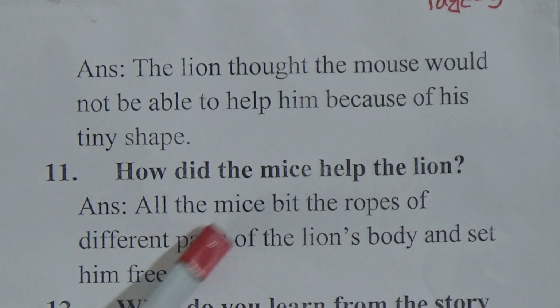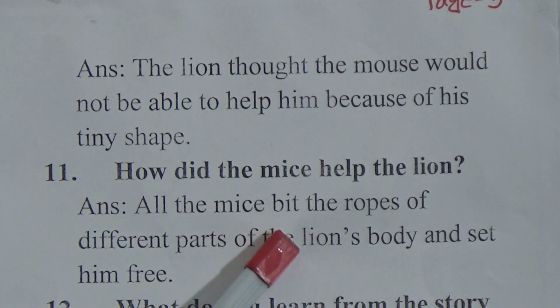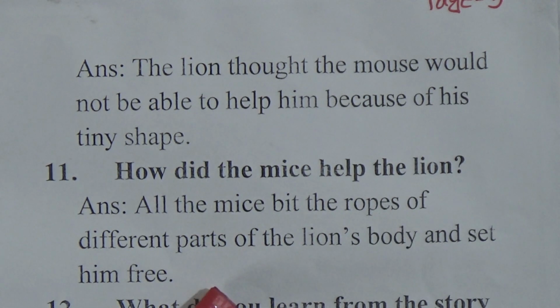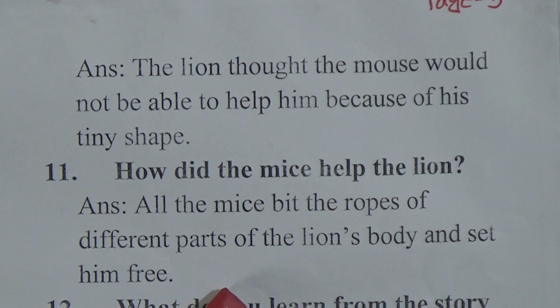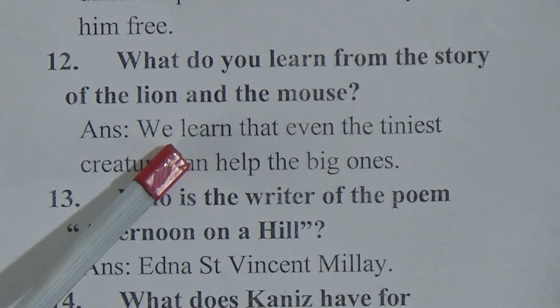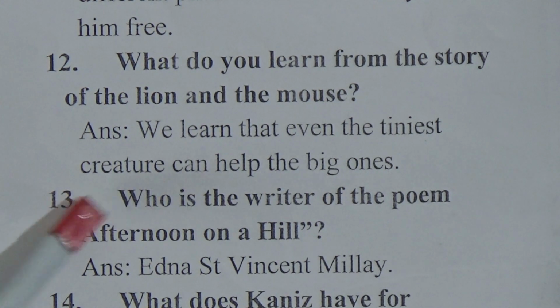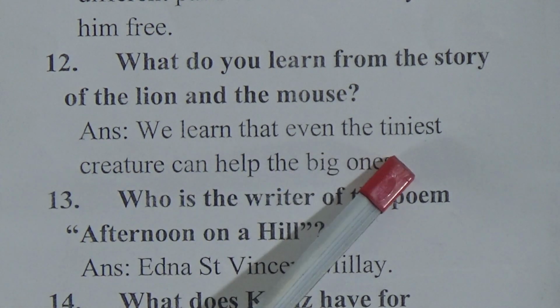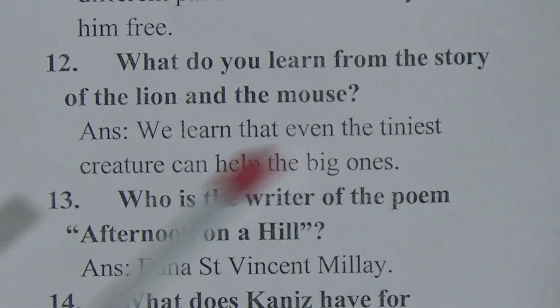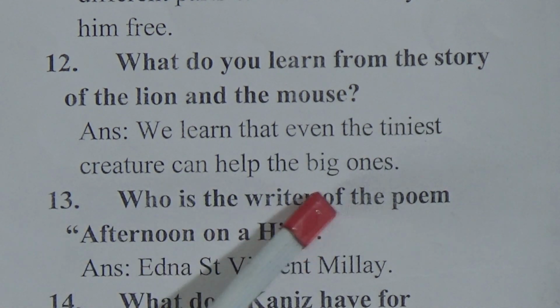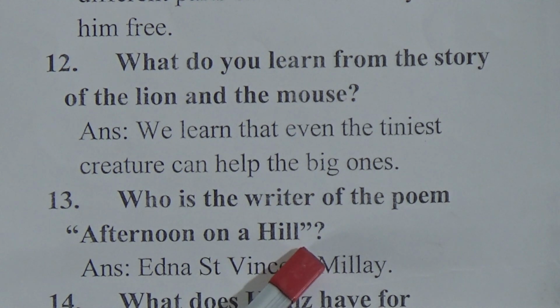11 number, how did the mice help the lion? Answer, all the mice bit the ropes of different parts of the lion's body and set him free. 12, what do you learn from the story of the lion and the mouse? Answer, we learn that even the tiniest creature can help the big ones. 13, who is the writer of the poem Afternoon on a Hill?